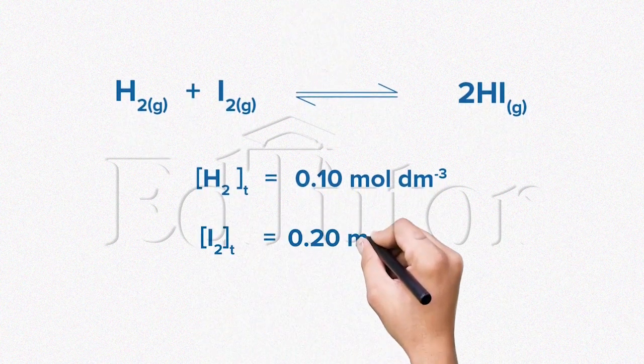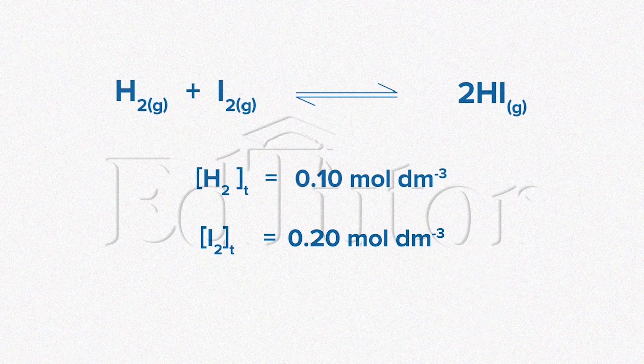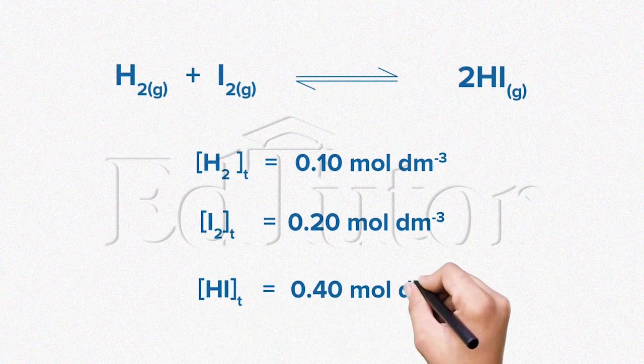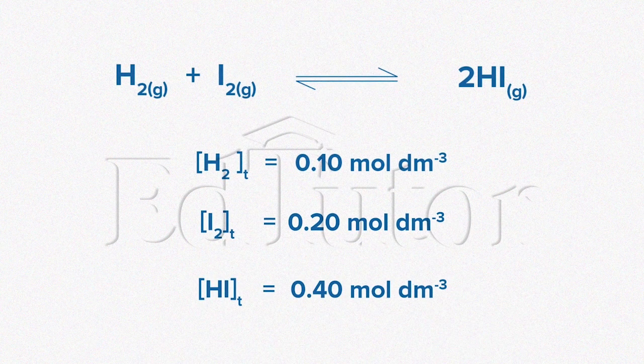The concentration of iodine is 0.2 mole per decimeter cube, and the concentration of hydrogen iodide is 0.4 mole per decimeter cube. The subscript T next to the concentration symbol means that the concentrations are measured at time t during the reaction. This is not usually at equilibrium.